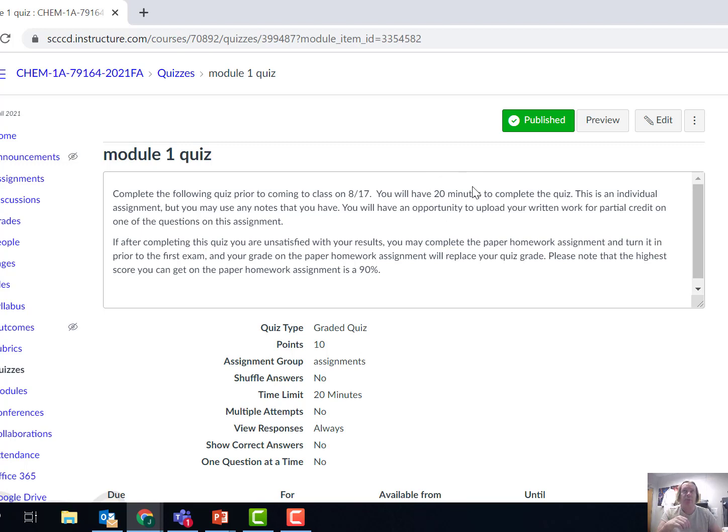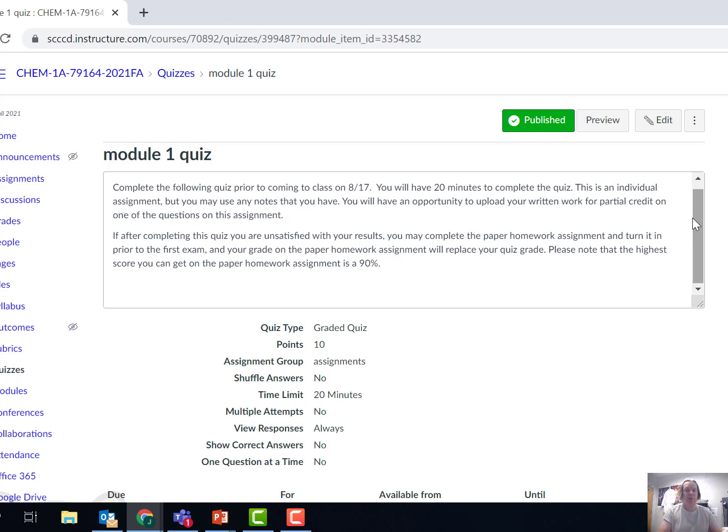Usually these are available for about 24 hours before we meet for lab. Not every lab, right? Depending on the module, some modules will take longer than others, but it tells you which day that will be. And if you don't do well on the quiz, it's not the end of the world.